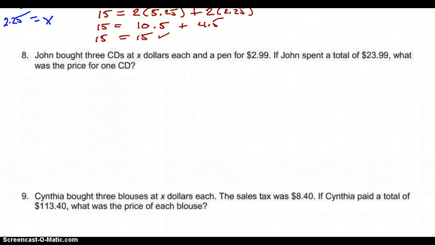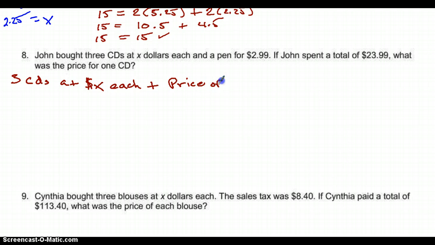So we have 3 CDs, and the CDs are at, and we don't know, so we can say X dollars each, plus the price of the pen, and all of that is going to equal how much I paid.